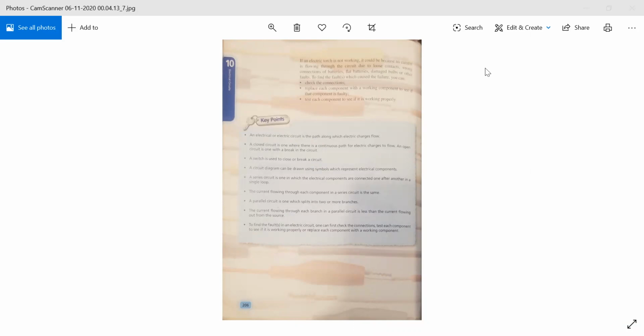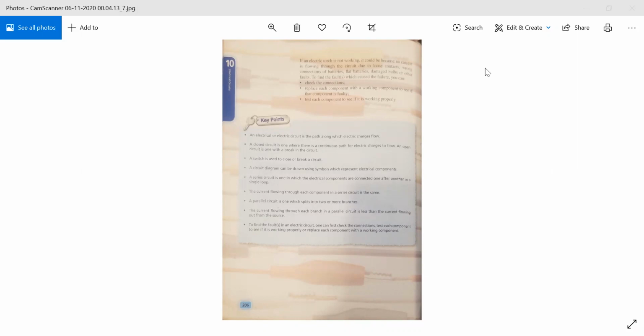To find the faults which cause the failure, you can check the connections. You can replace each component with a working component to see if that component is faulty, or you can test each component to see if it is working properly.